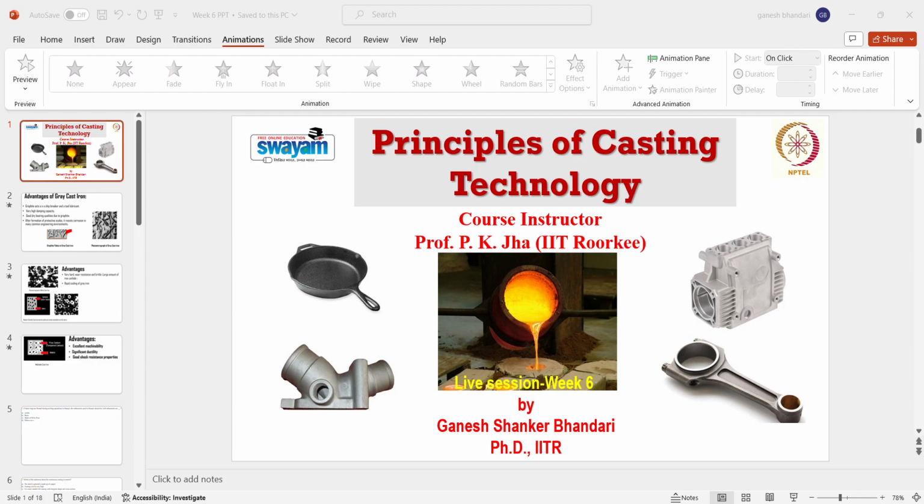So coming to the next one: which of the following statements is/are correct? White cast iron is the starting material from which malleable cast iron is produced by annealing. The structure of white cast iron consists of massive carbide and pearlite.